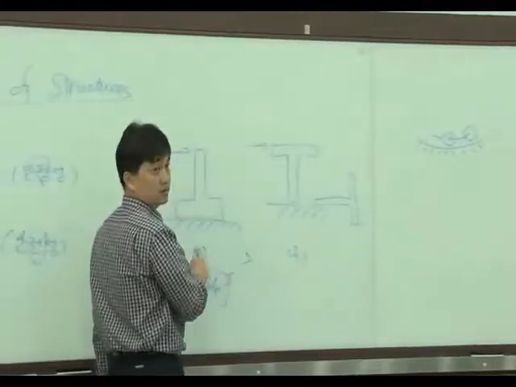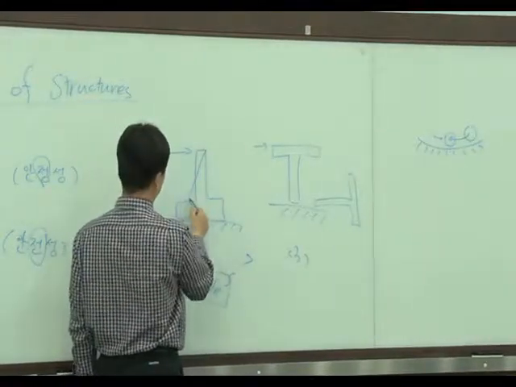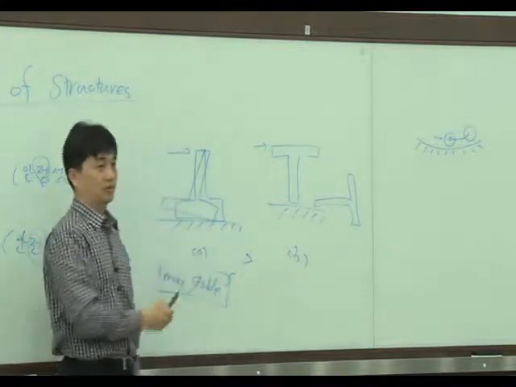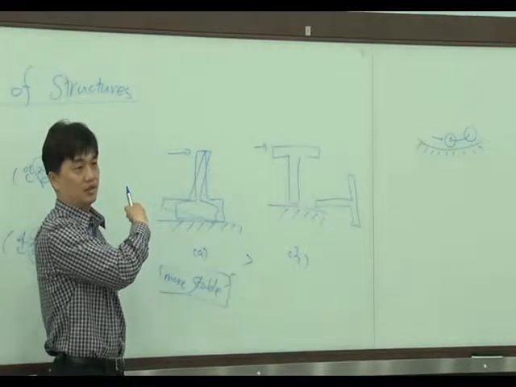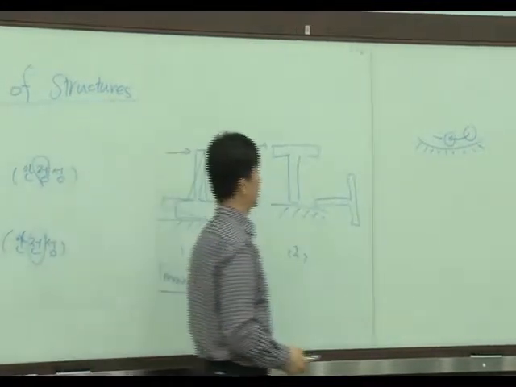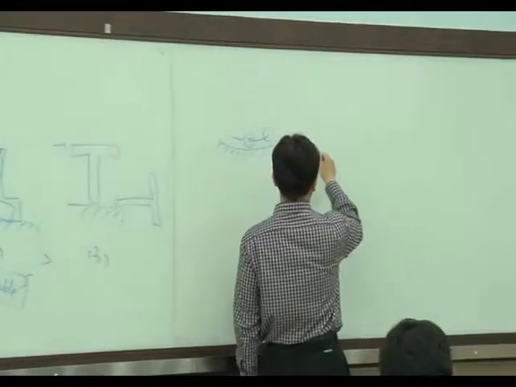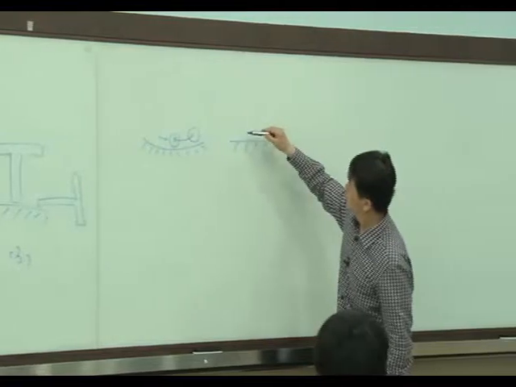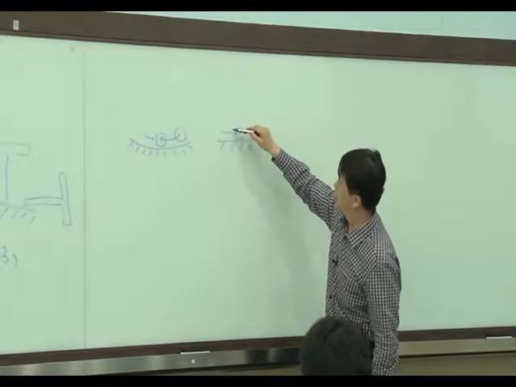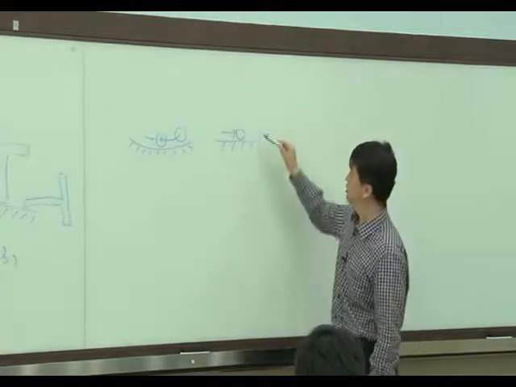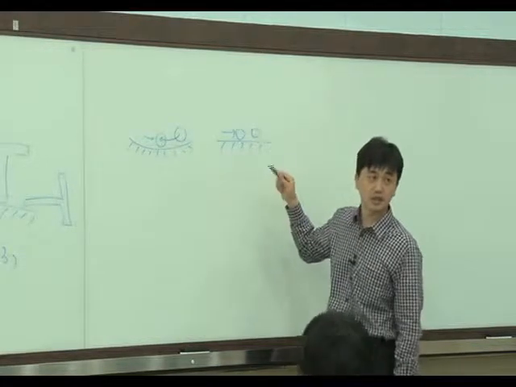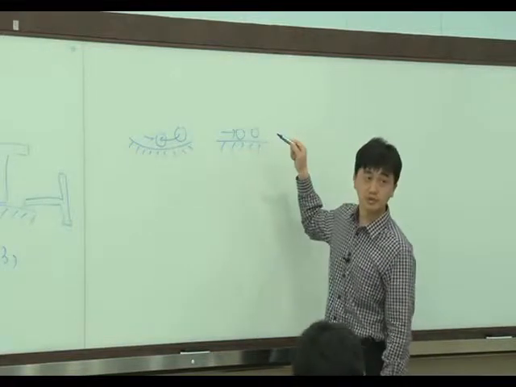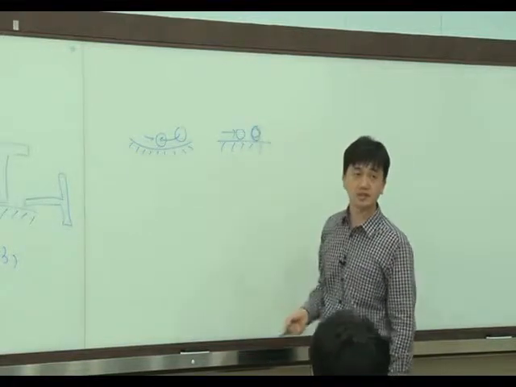So if I push this structure, it will rotate a little bit, and if I remove the load, it will go back, right? And the other case is this: a flat bottom. If I push this ball and it moves to the other position, and if I remove the load, this ball will stay here.